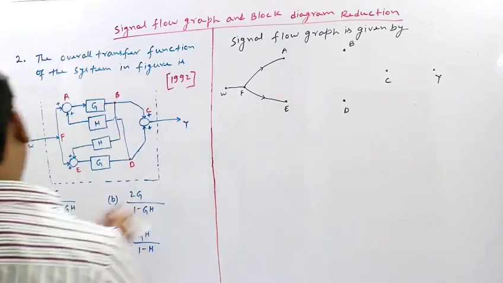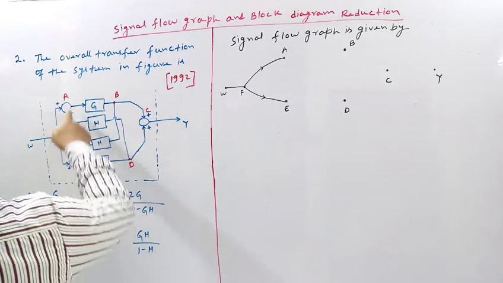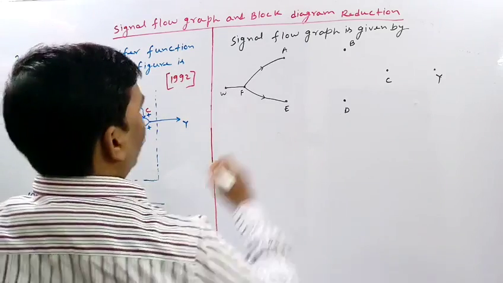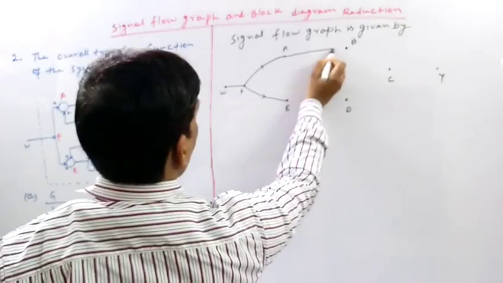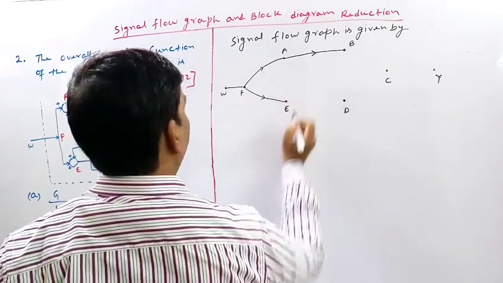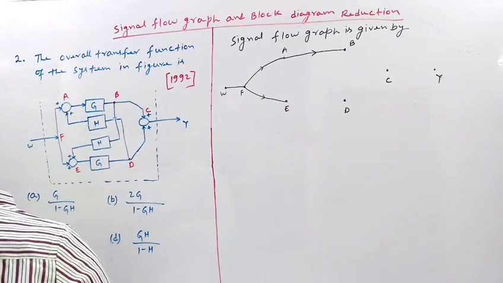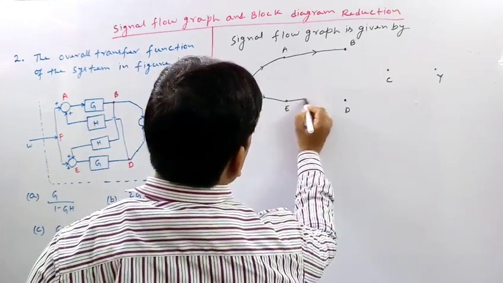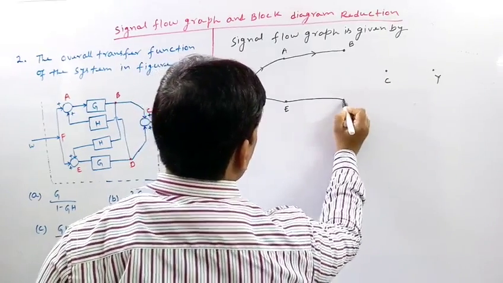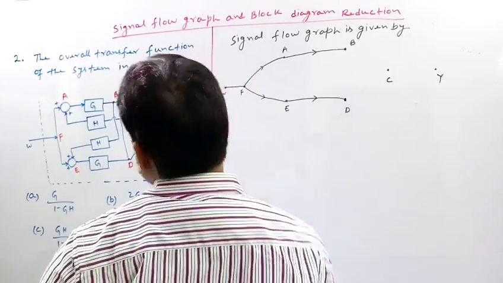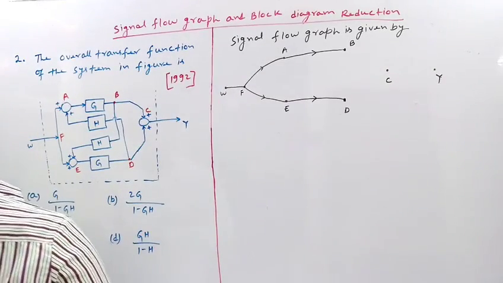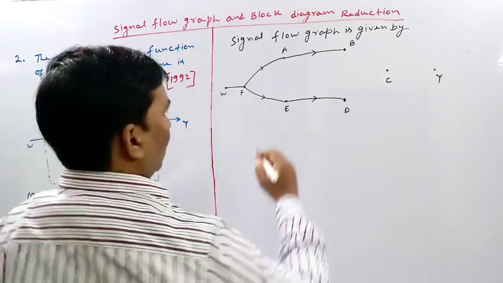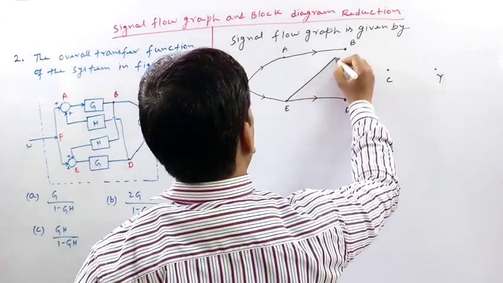Again F is joined by E. Again A is joined to B through block G. Again E is joined to D, so let us join E to D. Now we have to join B to E, so let us join this B to E.